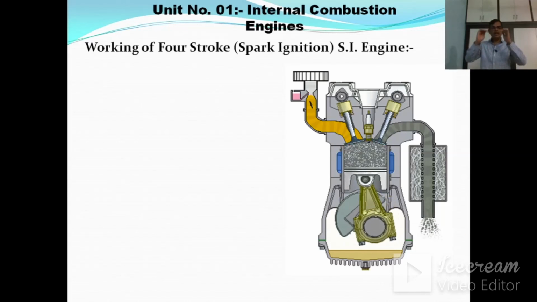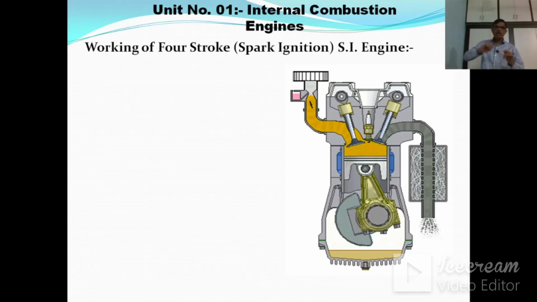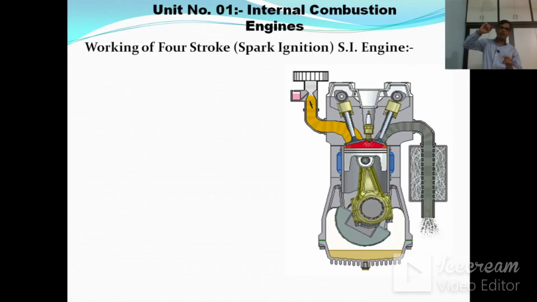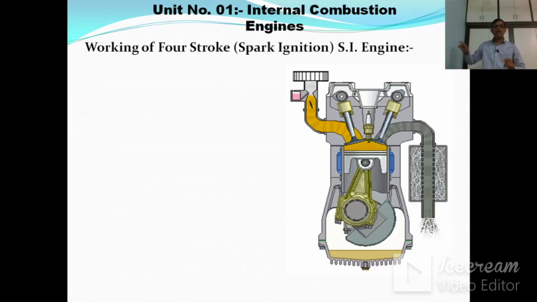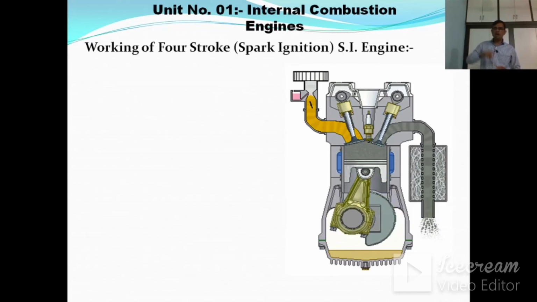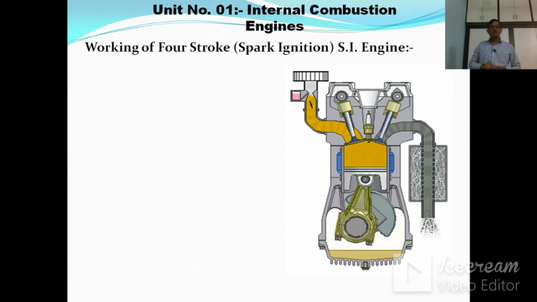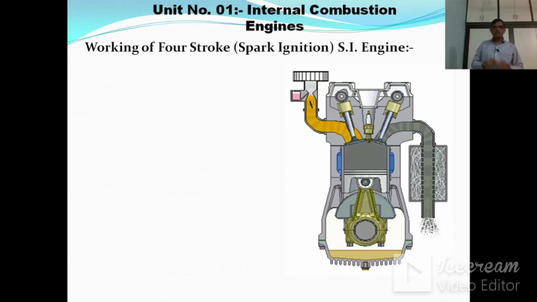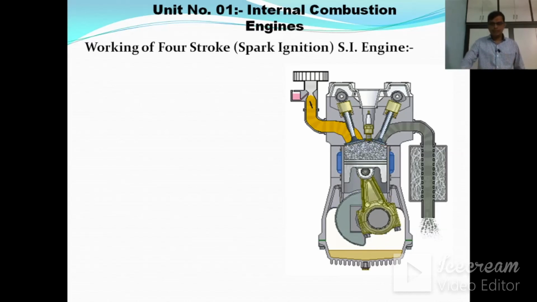That is our expansion stroke. Again the piston moves upward, the exhaust valve opens, and all burnt gases are swept out through the exhaust valve to the atmosphere. This is the actual working of the four-stroke SI engine.